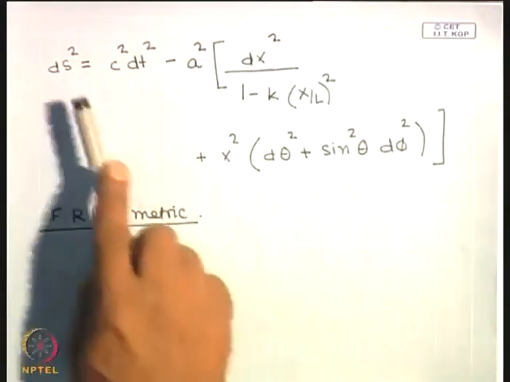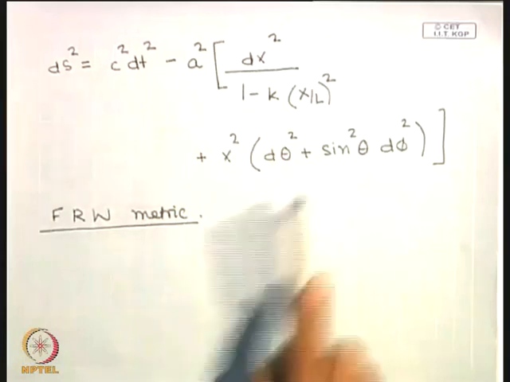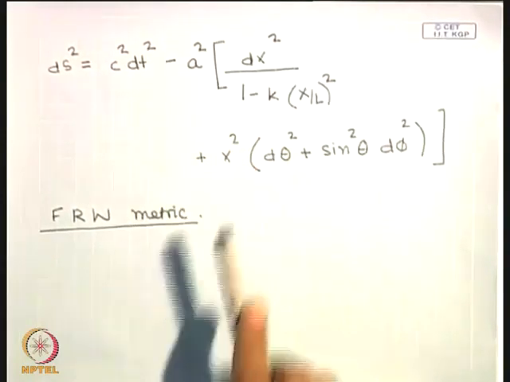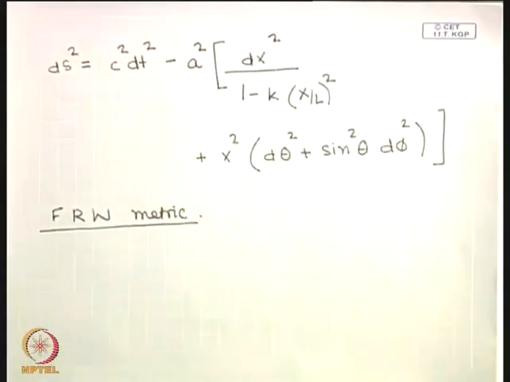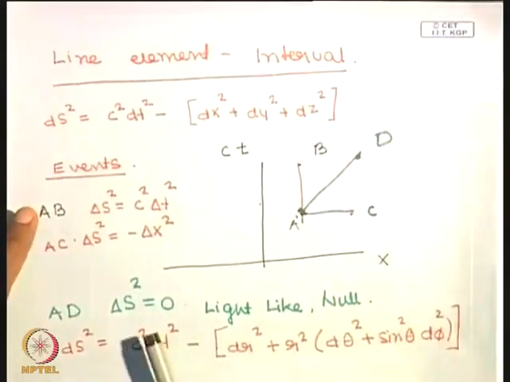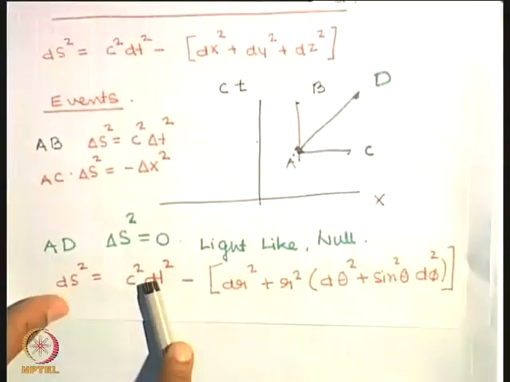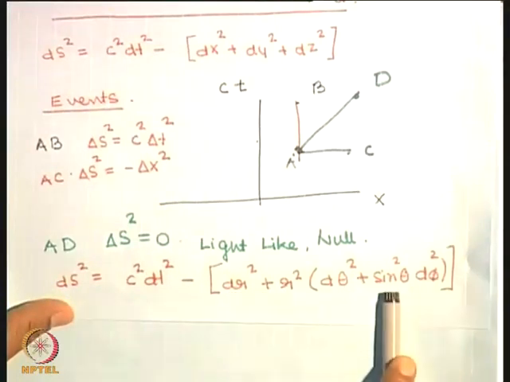Okay. Now you see, one should not get very intimidated looking at this. It is not very difficult to understand. Let us first see what are the differences with what we are familiar with. So you should compare it with this. This is the usual space-time interval written in spherical polar coordinates.